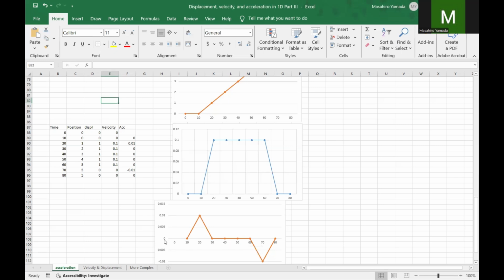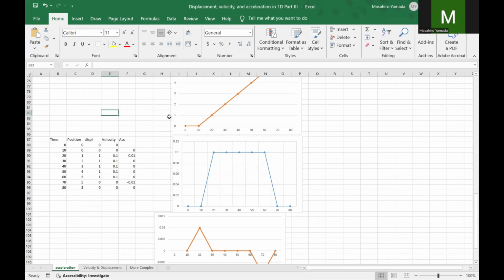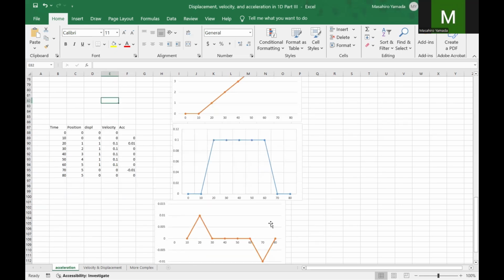But when you see acceleration equals 0, that's not the only option. There is another option, which is this. Regardless of positive or negative, acceleration is not changing, right? When there is no change in velocity, even though something is actually moving, acceleration will give you 0. So there are two options.